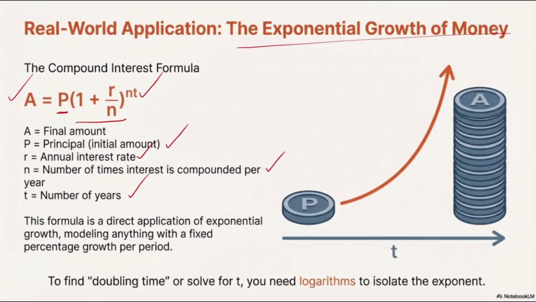So this is a formula. You don't have to worry about memorizing it. This is just a formula that shows how we can use exponential function growth. It is a direct application of exponential growth modeling, and of anything with a fixed percentage growth per period. At the beginning, I have my P as the initial value.